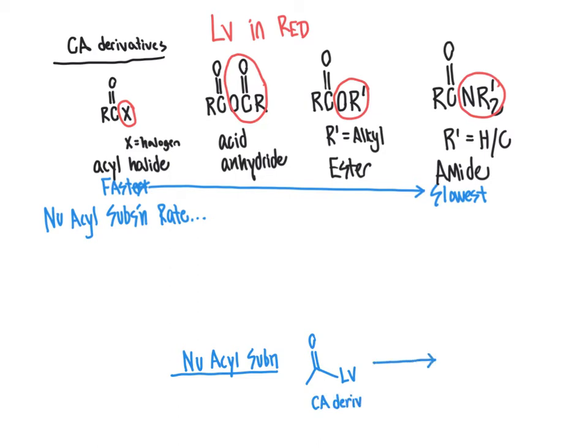We react it with a basic nucleophile, so I'm putting a negatively charged nucleophile in there. What happens during the reaction is that the leaving group, whatever group we've highlighted in red up top here, LV, is replaced with the nucleophile. The nucleophile comes in, displaces the leaving group, which leaves as that leaving group anion.